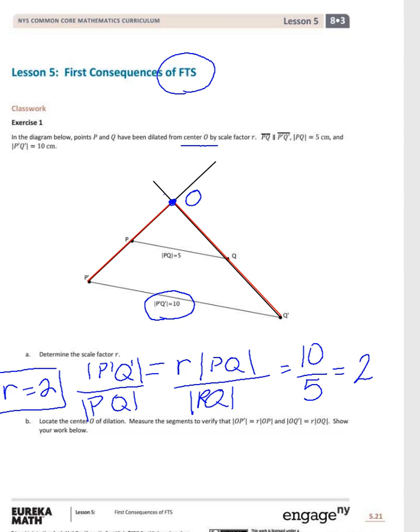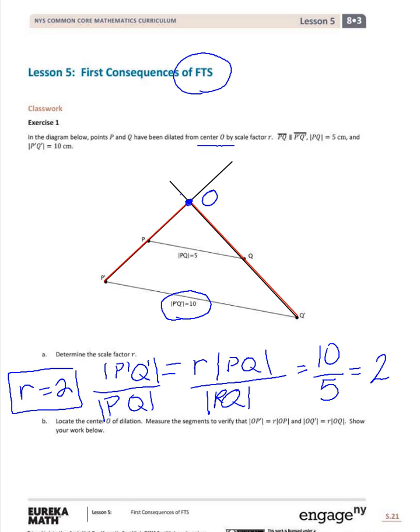Okay, so we need to show our work for that. As you measured your diagram, in yours it's already written. And it tells you that here is 3. OP prime, this whole distance, is 6 for the whole thing. And then over on OQ, this is just a 4, but the whole length is 8.